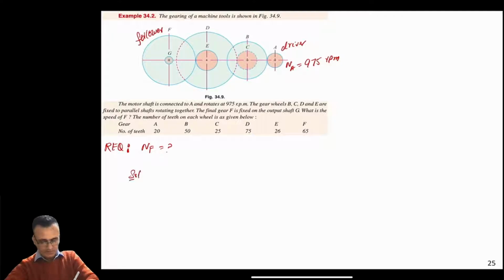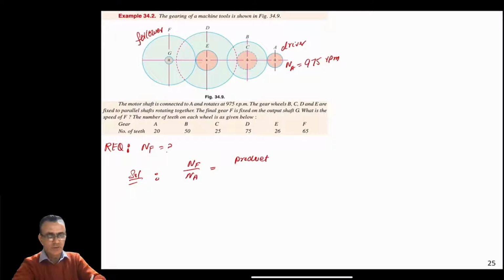So, solution. We know that NF divided by NA will be equal to the product of teeth on drivers over the product of teeth on followers. We can use the equation that we just derived.